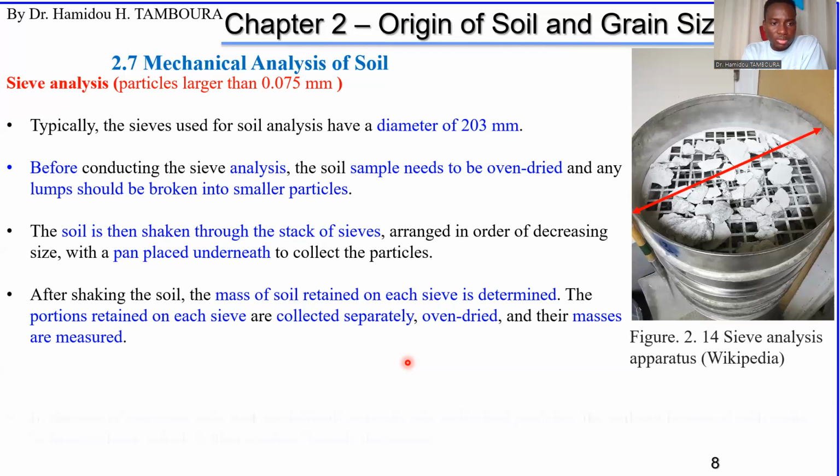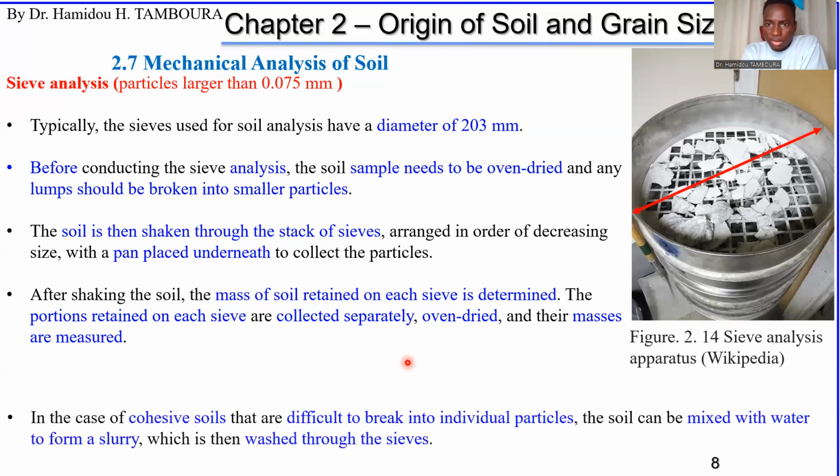We'll explain later how we use the mass retained on each sieve. Just in case of a cohesive soil that is sometimes difficult to break into individual particles, we sometimes mix the soil with water to make a slurry, which we then wash through the sieves.